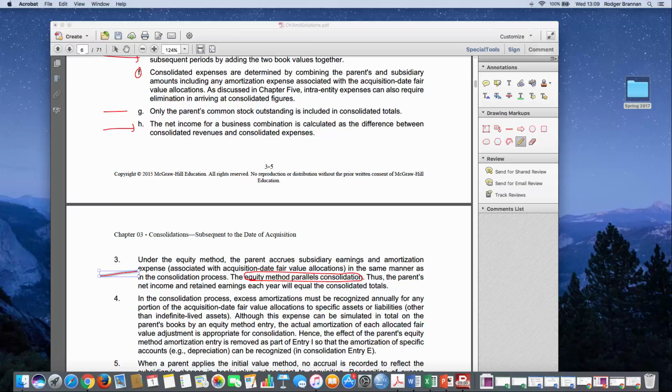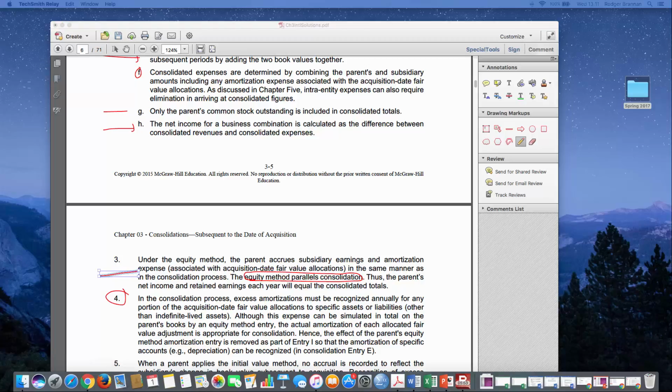Okay, what they're getting at in number 4 here is, remember that throughout the year, if you go back and look at the example, the parent will recognize its portion of net income. In this case, let's say 100% of whatever the net income might be, less whatever dividends were paid.